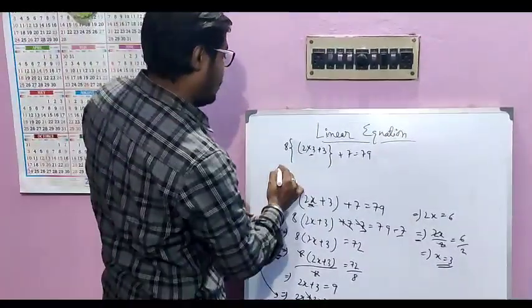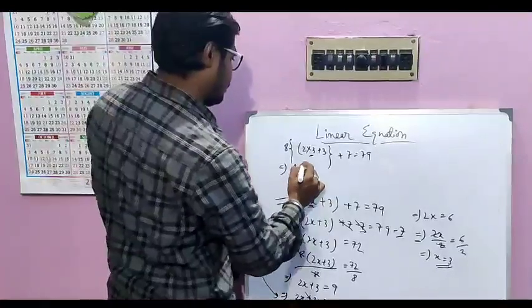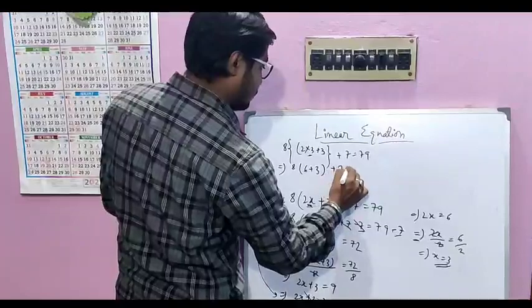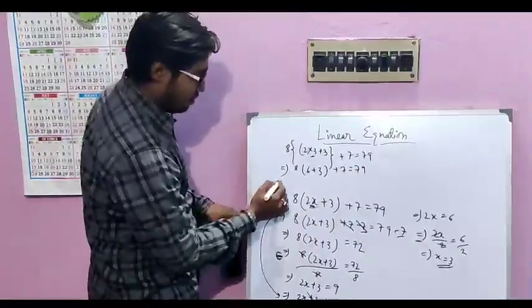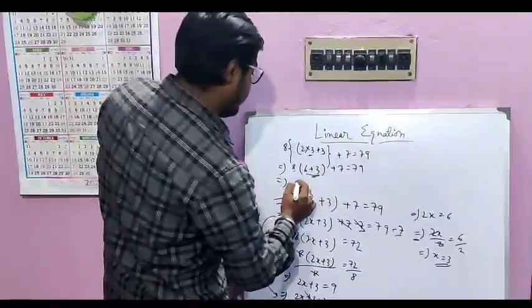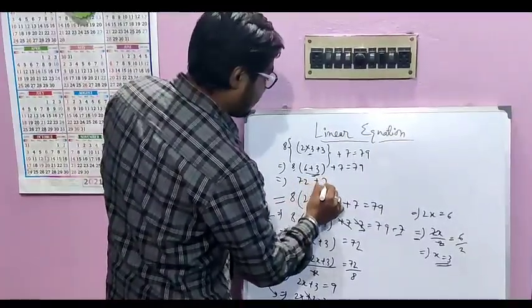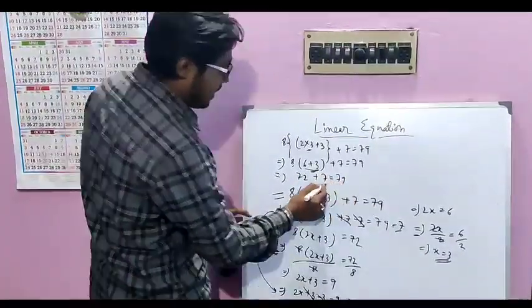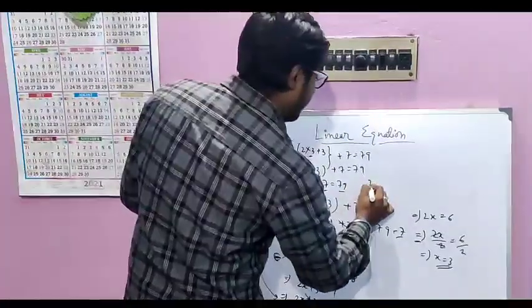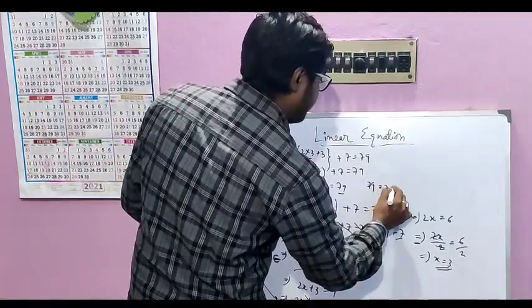So now we are getting 9 into 8, that is 72, plus 7. So now we are getting 79 from the left hand side and 79 from the right hand side.